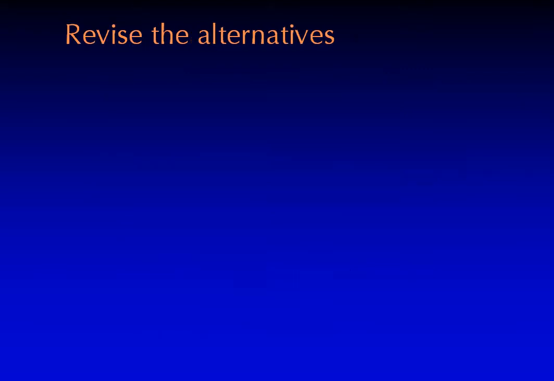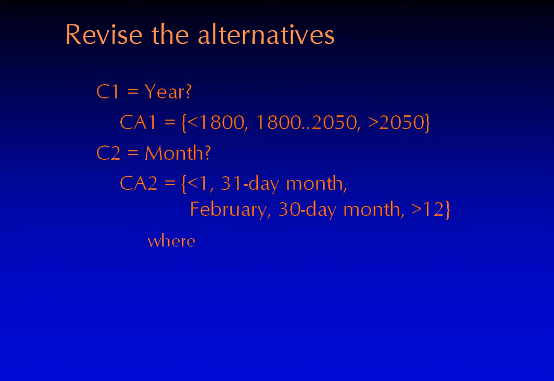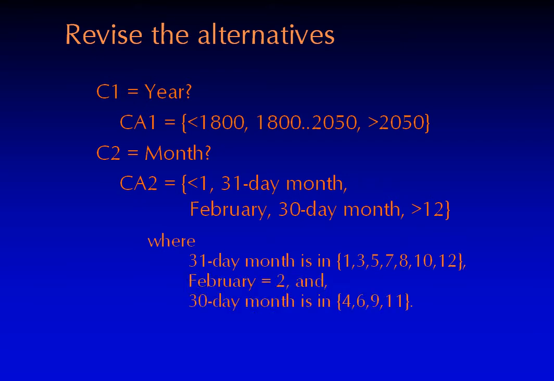Some minor but important changes to our sets of alternatives. We'll leave the year alone for now, but we'll change the set of alternatives for the month. It turns out that in order to solve our problem, it is much more useful to collect the months by the number of days in them.